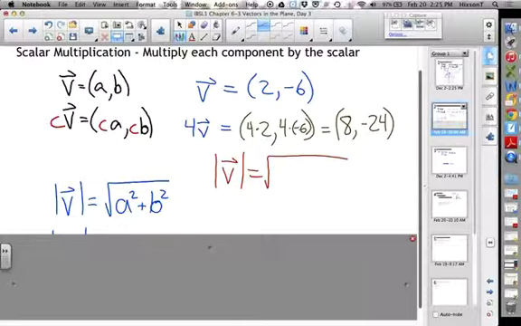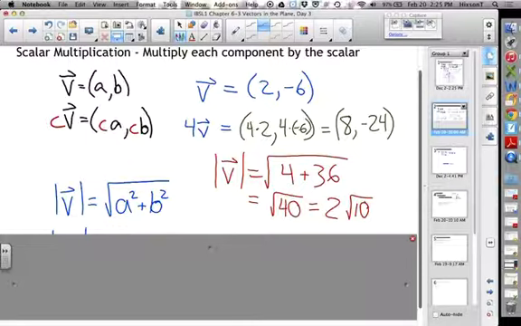Magnitude of v, the square root of 4 plus 36, which is 40. So that's the square root of 40. What does that simplify to? 2 times root 10, because that's 4 times 10, and the square root of 4 is the 2.